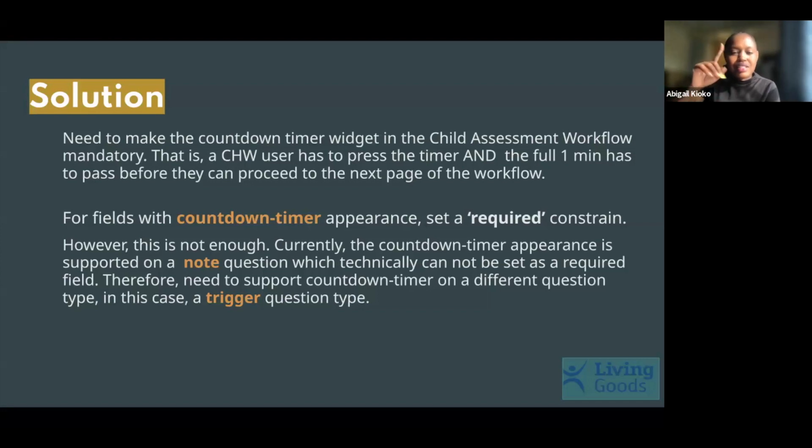Yeah, 1 minute is a default period that the timer should run. Give it a minute before they can proceed to answer the question that asks how many breaths per minute. Yeah, before they answer that question, at least the timer must complete running. Yeah, so the solution is to make that widget a required field.